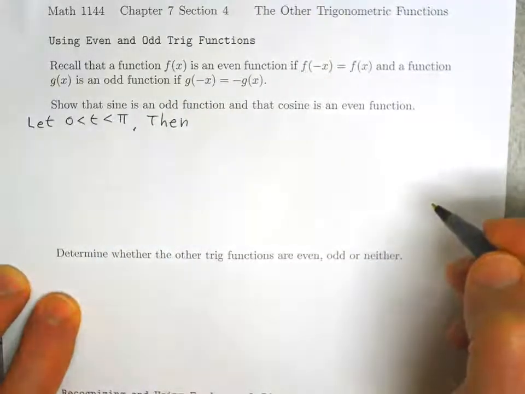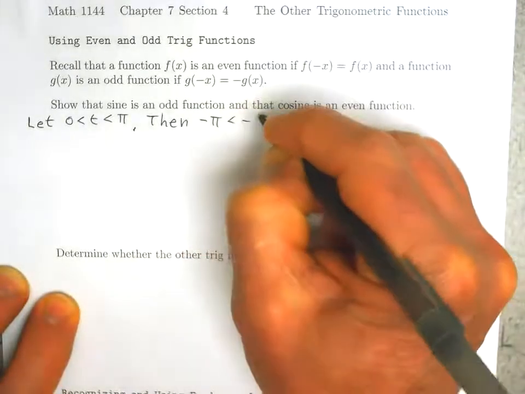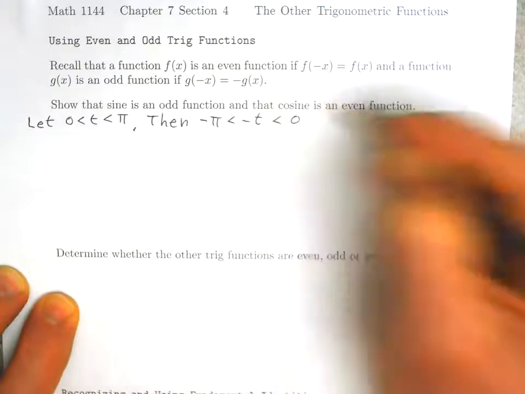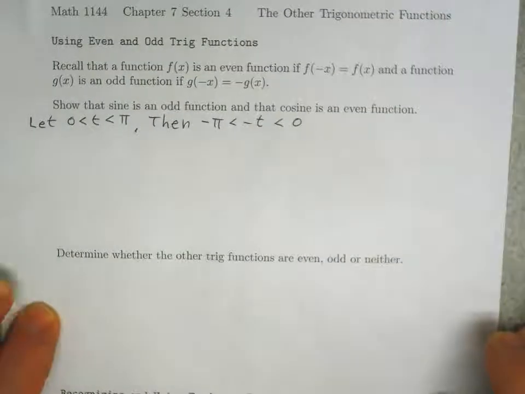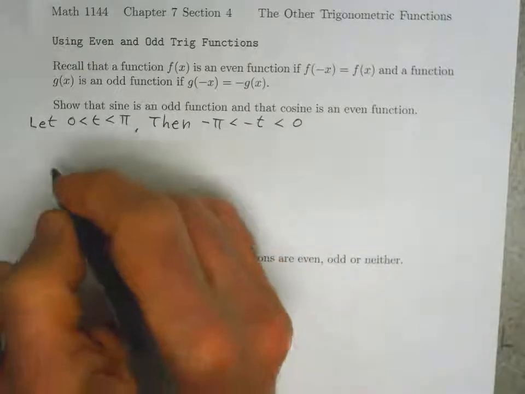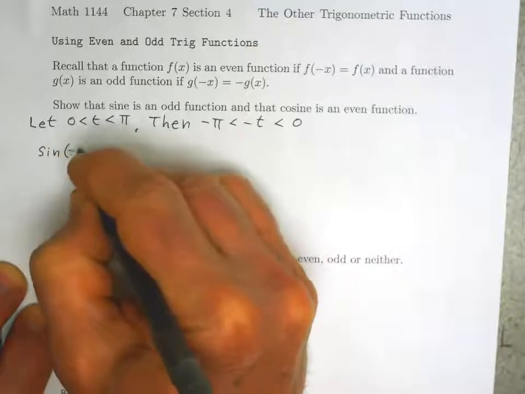Then that means negative pi is less than negative t, which is less than 0. So first we'll start with sine of negative t.